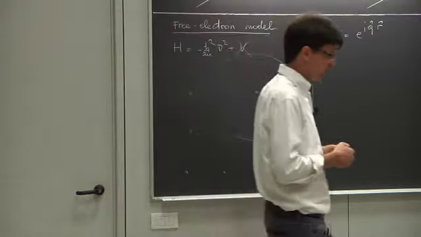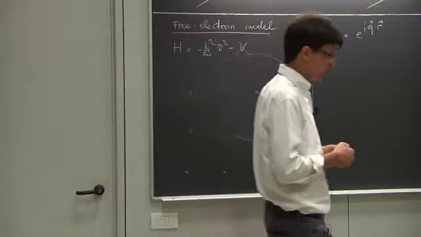Now, if V is periodic, the solutions must obey Bloch's theorem. V equals 0 is periodic and has the periodicity of this Bravais lattice. Constant. Why not? Of course, it has many more symmetries. It has a continuous symmetry.